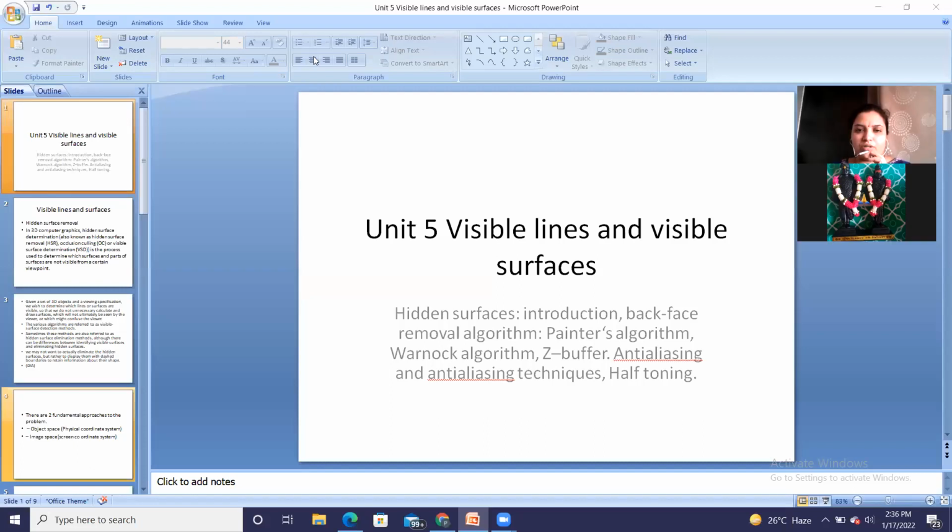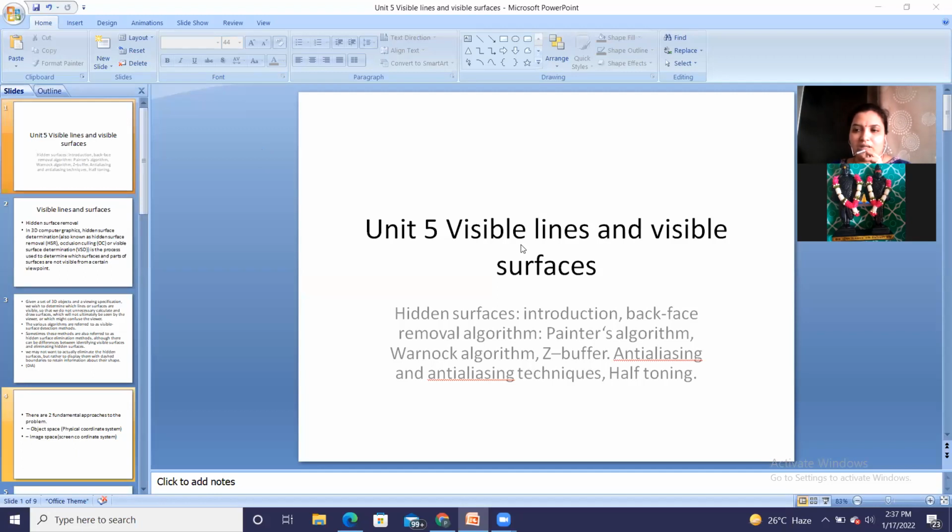So today we are going to start with our unit number 5. The name of the unit is Visible Lines and Visible Surfaces. And as the name suggests, we are going to find out the visible lines and visible surfaces. So what do you think? What can be the benefit of it, or why it is needed to find out these visible lines and surfaces?